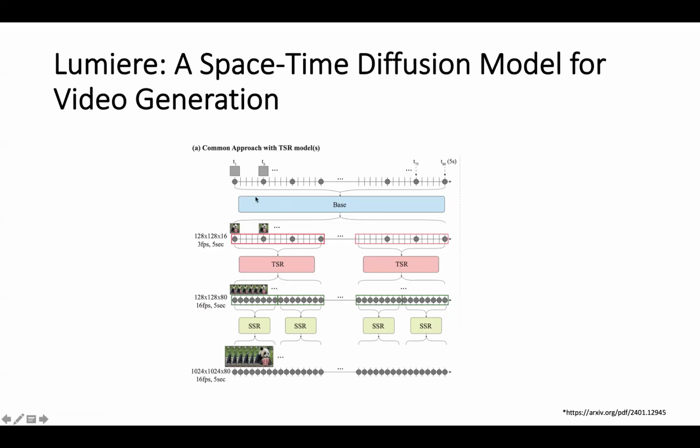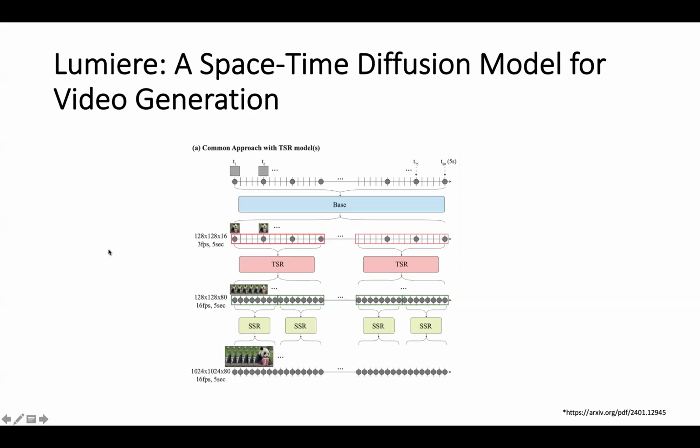This is exactly what happens in a general model. So we predict keyframes, then do temporal super resolution, and then spatial super resolution to get the video.